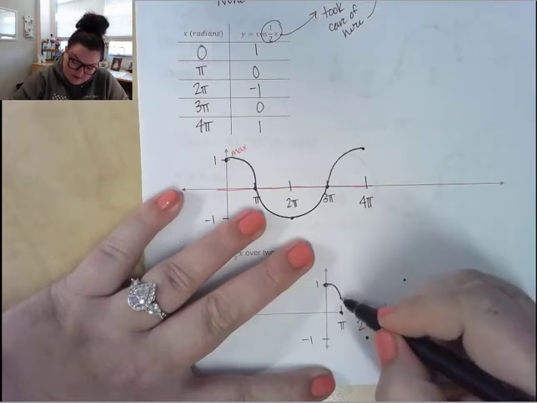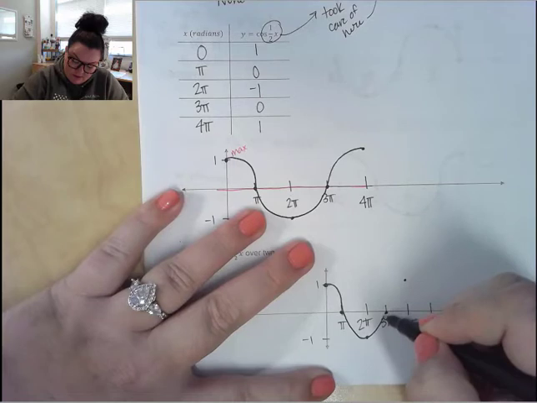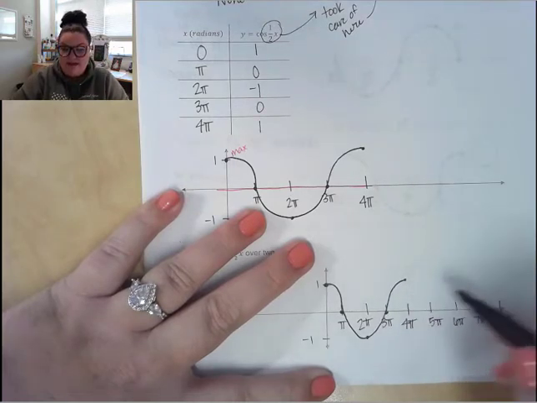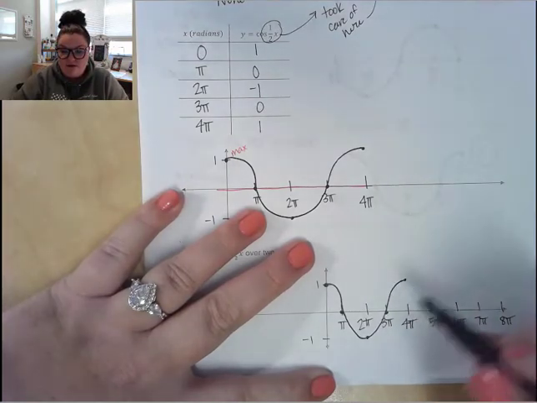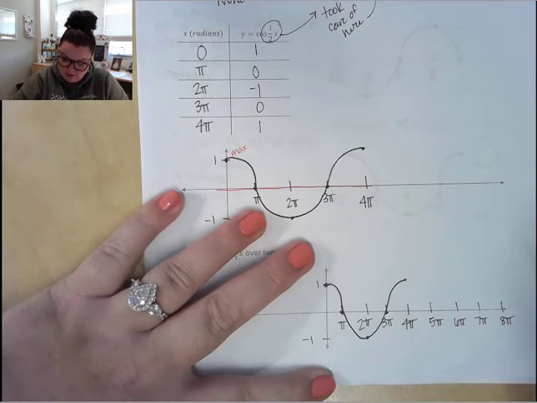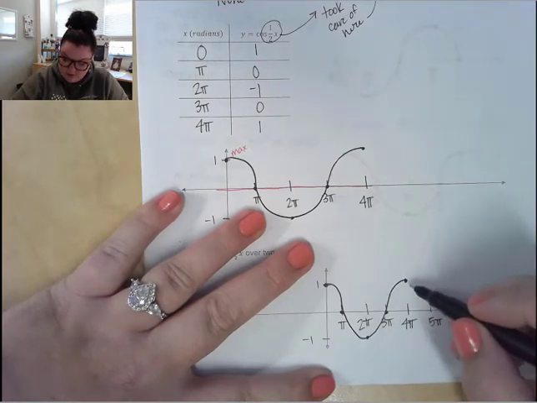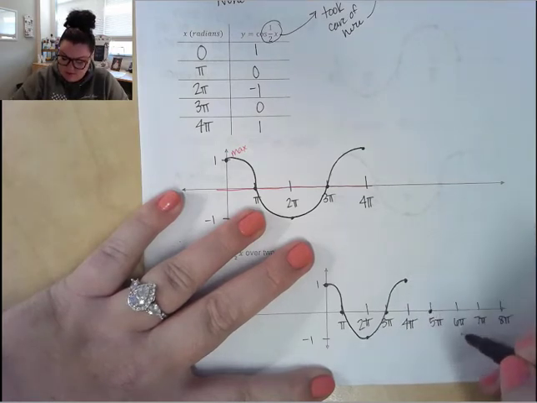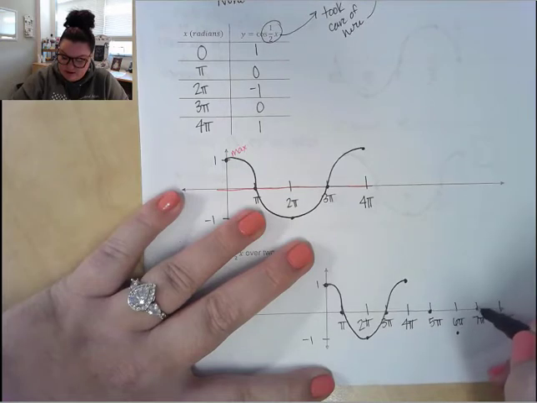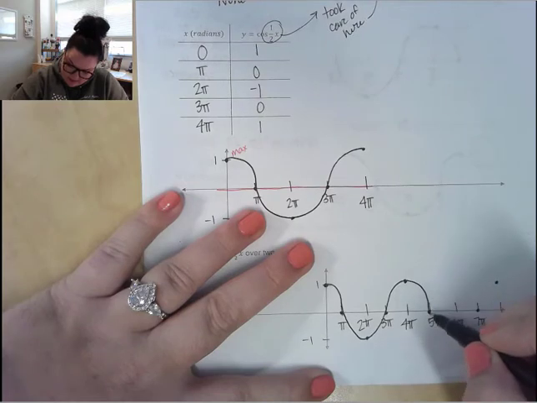So here's the cosine curve we started with. And then if I want to extend it another cycle, then again, here I start up at 1, I go back down to 0, back down to -1, back up to 0, and then I end up here again at +1.